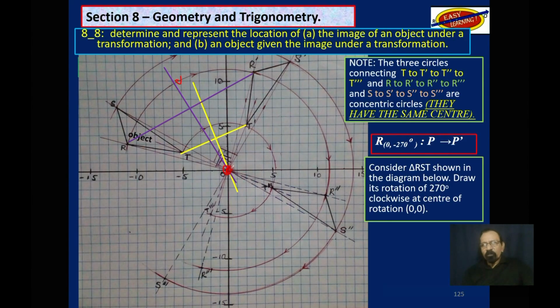It will also pass through that same point. Now, the way to understand this is that these circles are concentric, meaning they have the same center. So if you find a line that would pass through the center of that circle and a line that would pass through the center of that circle, where those two lines intersect, that will be the center of all these concentric circles that you see here.